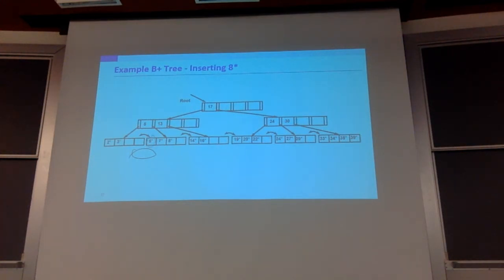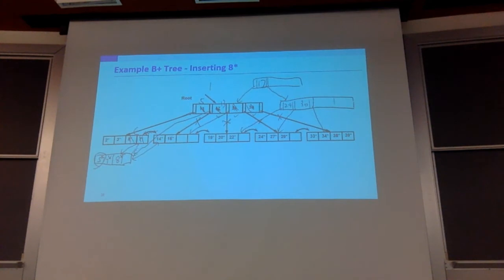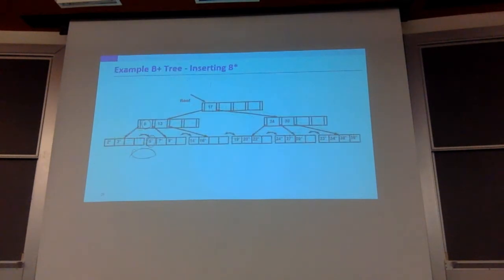You copy up the very first key on the right page. But if you are splitting something on the index page, you do not copy up that particular key. Instead, you move up that particular key.